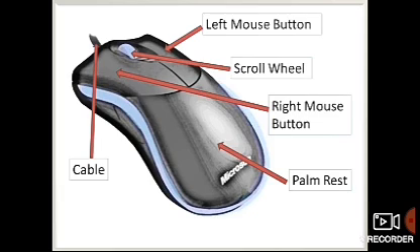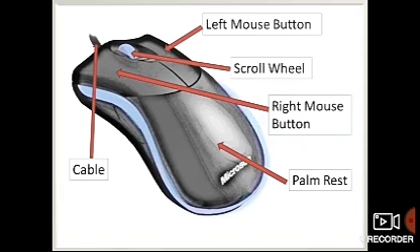Next, mouse has 2 or 3 buttons on it. The first button is the left mouse button. See, some mice have 2 buttons, some mice have 3 buttons. On your screen, a mouse having 2 buttons is shown.